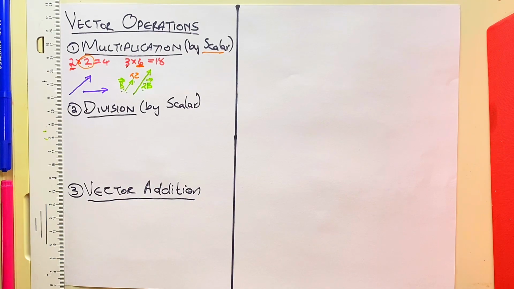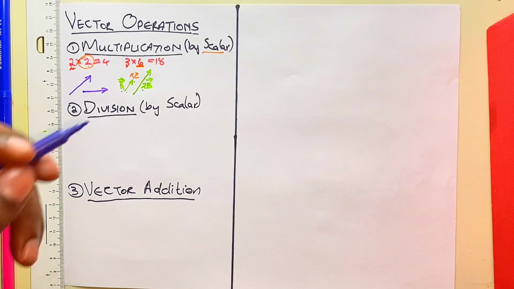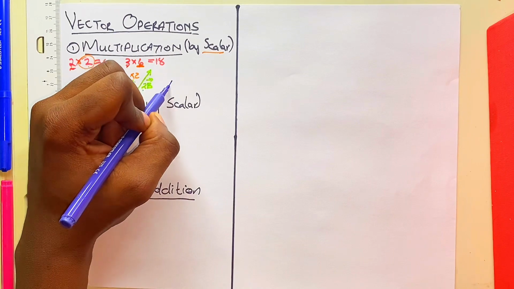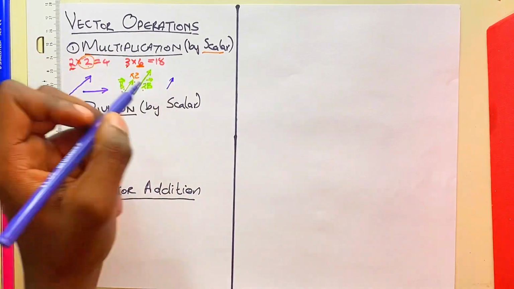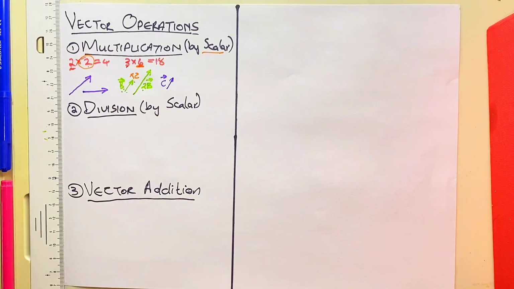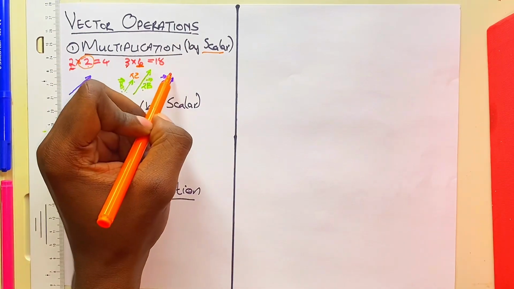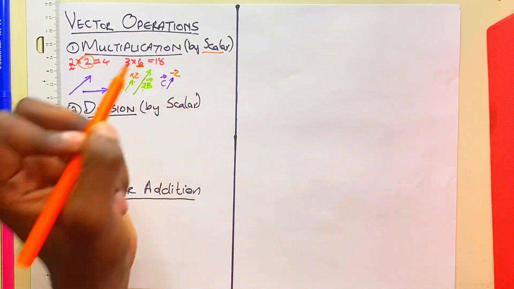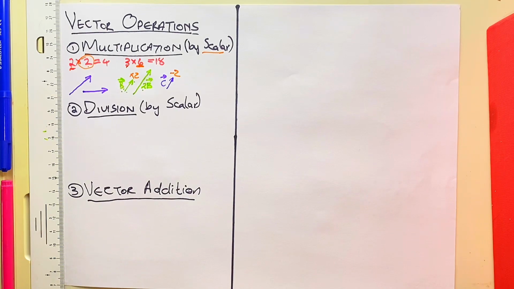Now let's say you have another vector in the same direction, and let's call this vector c. What happens if we multiply this vector by a negative scalar, meaning that we multiply it by -2?